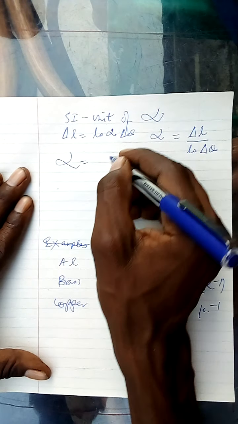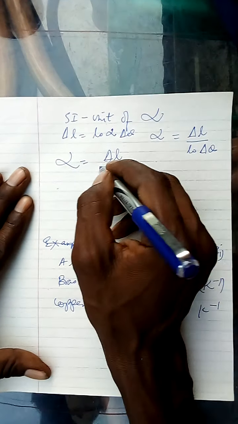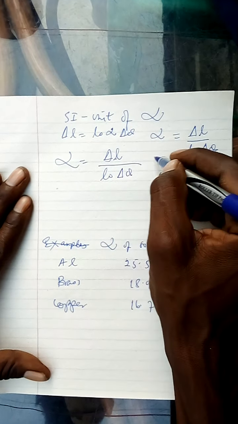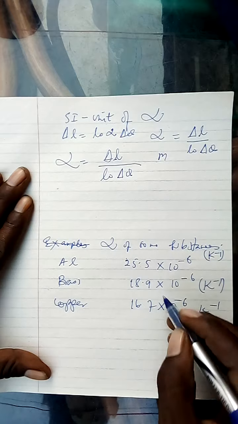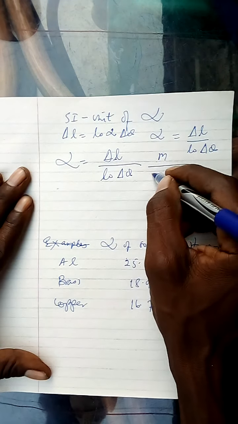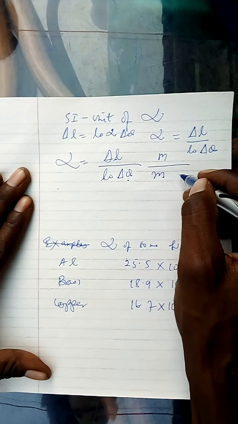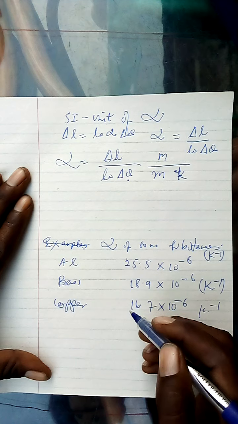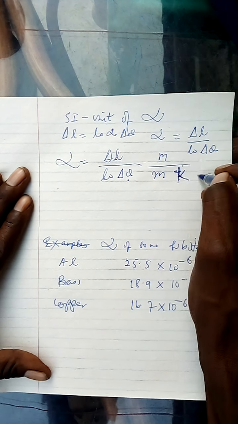Remember, the change in length is measured in meters, the original length is in meters, and the change in temperature is in degrees Celsius or Kelvin. You get my point?